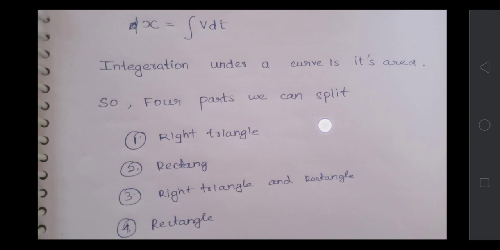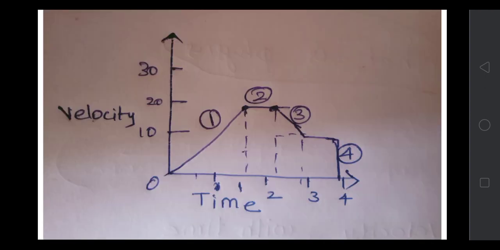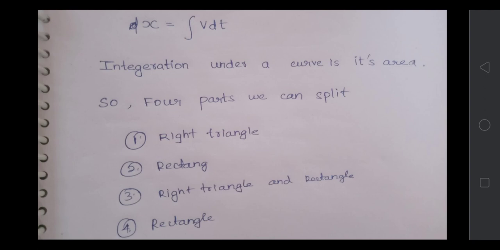When you look at the diagram, there will be four parts. First part is a right angle triangle, second part is a rectangle, third part is a rectangle and right angle triangle, and fourth part is just a rectangle. You know that when you have to integrate, we have to find the area. If you are good at integration, you will know that integration is nothing but finding the area.